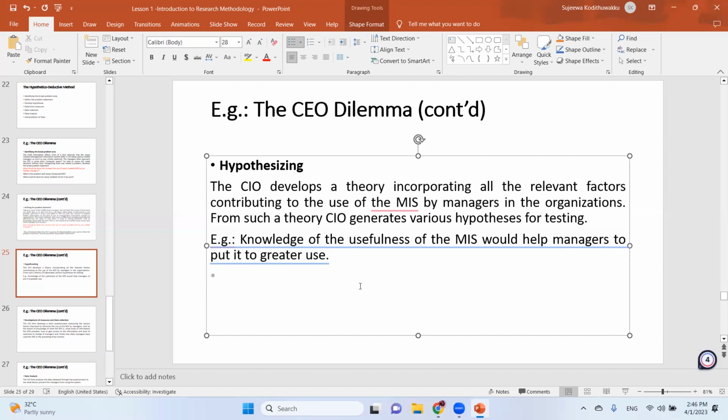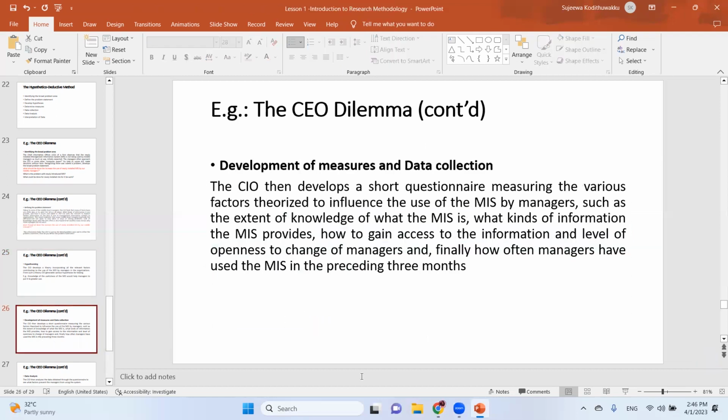But remember, this is called a hypothesis. Hypothesize. Will this work, maybe? We can accept or reject it. Right. Then later you have to develop measures and data collection for the same process.